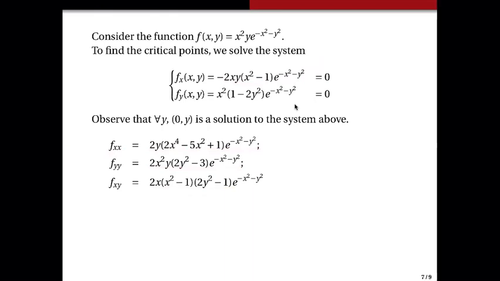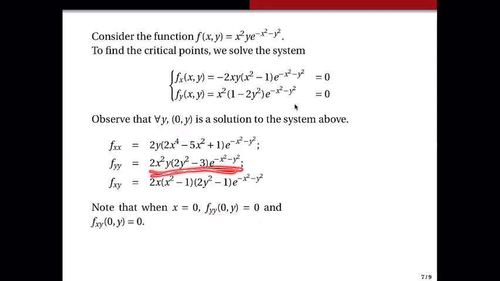Okay? And then x equals 0. If you substitute this 0 comma y, whatever your y is, your f sub yy is always 0 because of this. And also your f sub xy will also be 0 because of this.